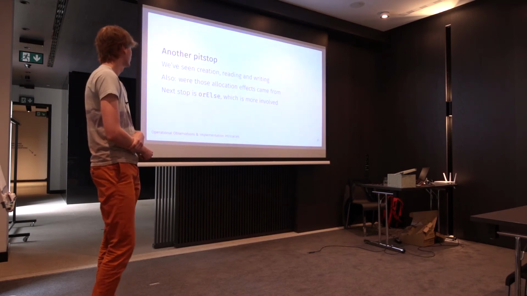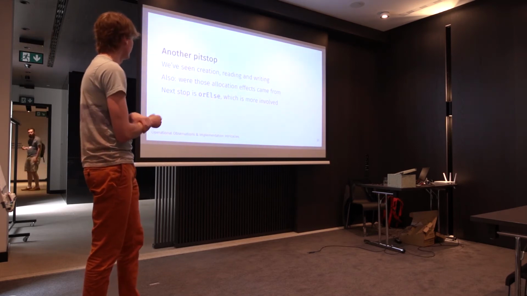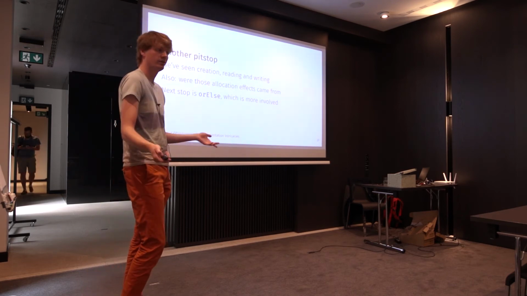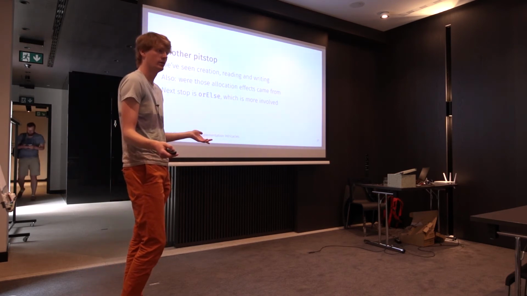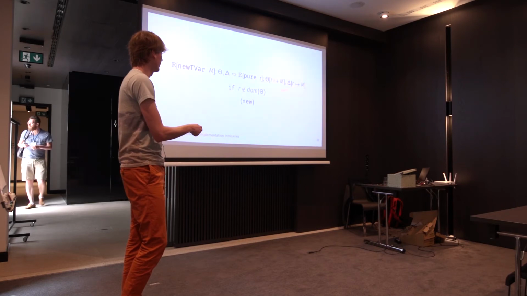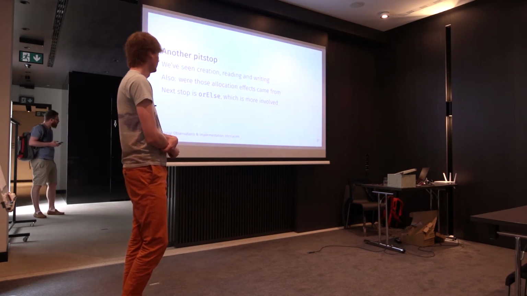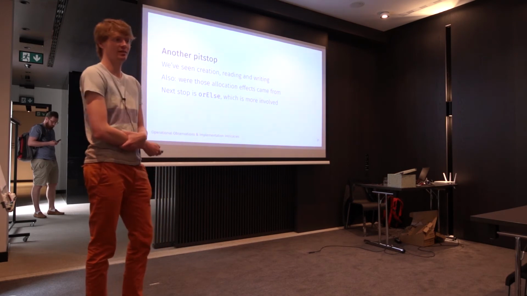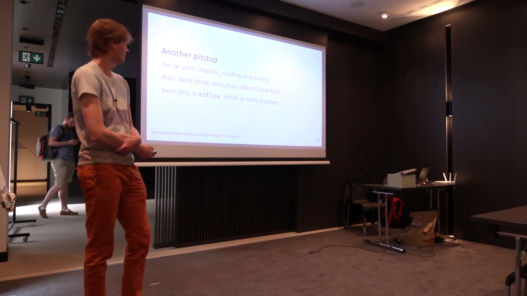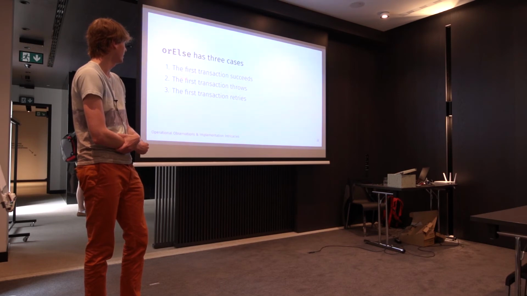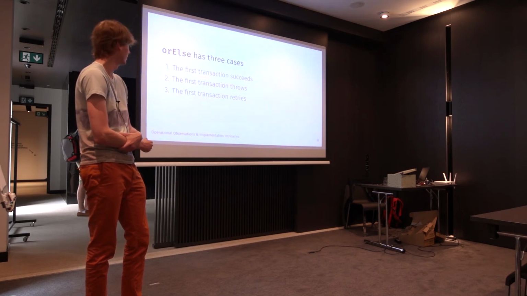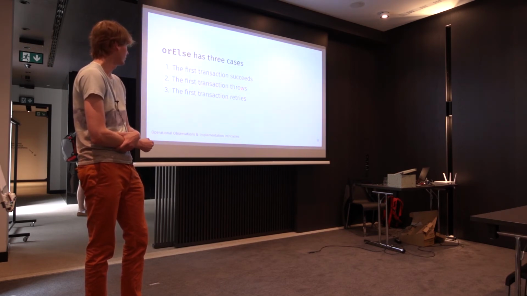Got it. So another pit stop, we've seen creation, reading, and writing, and we've seen where the allocation effects came from. Namely, we recorded them here. And now we're going to see orElse, and that one is a little more involved. It has three cases. The first transaction succeeds, the first transaction throws an exception, and the first transaction retries.